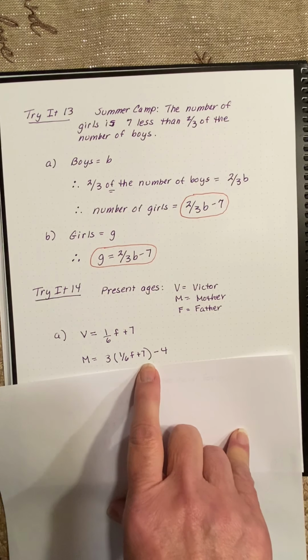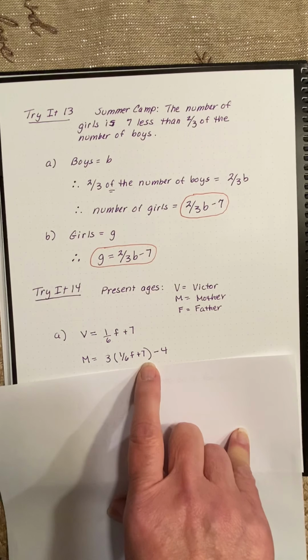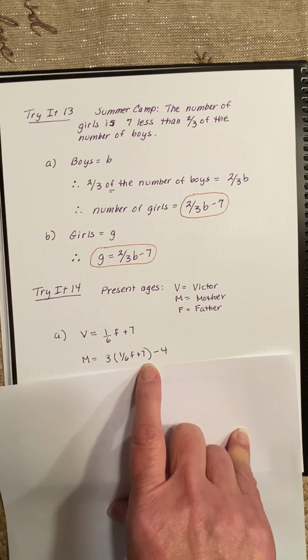That's where you have to find the information. It says Victor's mother is 4 years less than 3 times as old as Victor. So 4 years less, I'm going to subtract 4 years at the end, but I have to go 3 times as old as Victor.